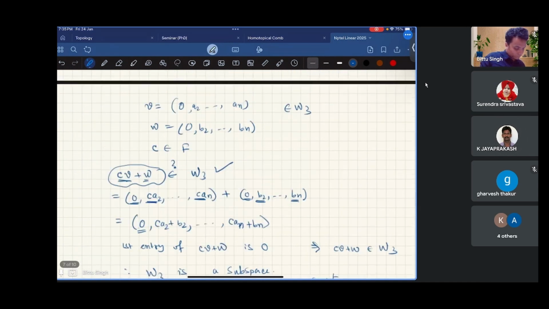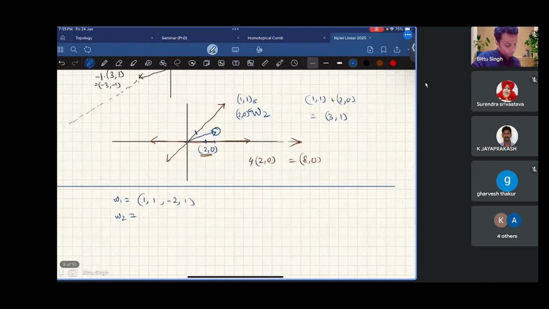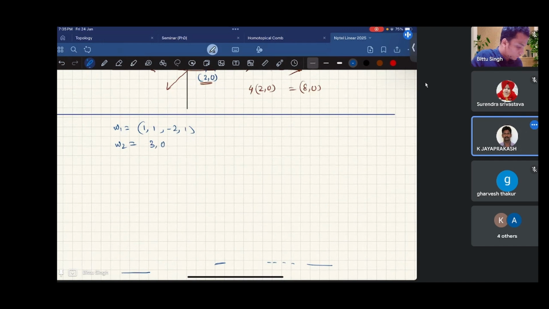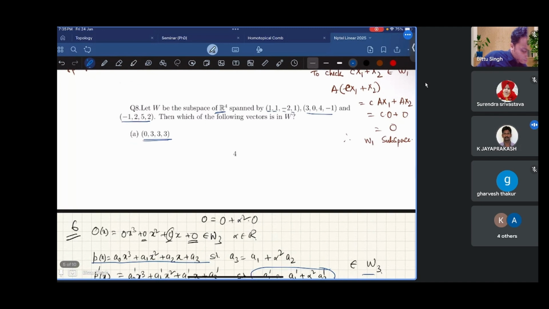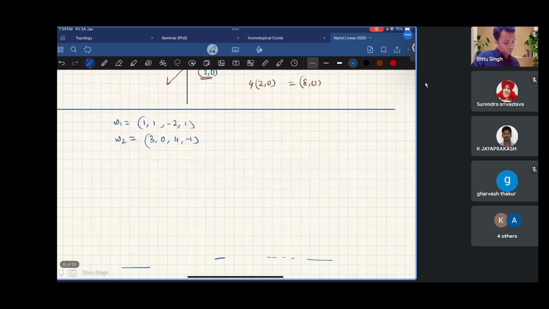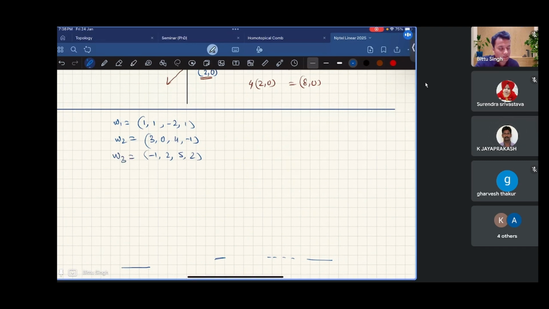W2 is 3, 0, 4, minus 1. And what is W3? W3 is minus 1, 2, 5, 2. So the subspace is spanned by those 3 vectors.